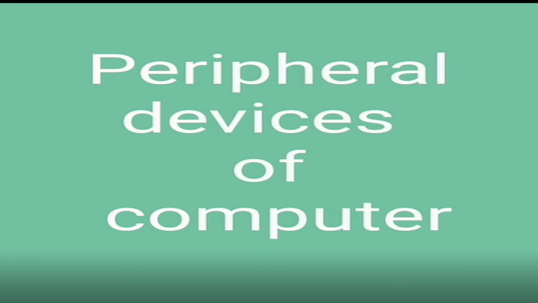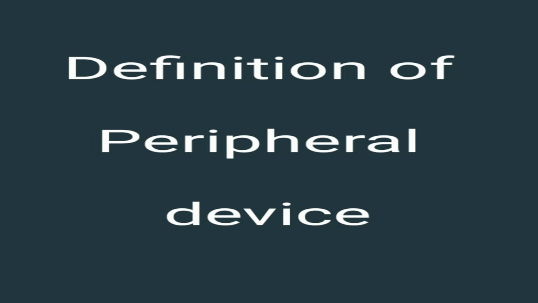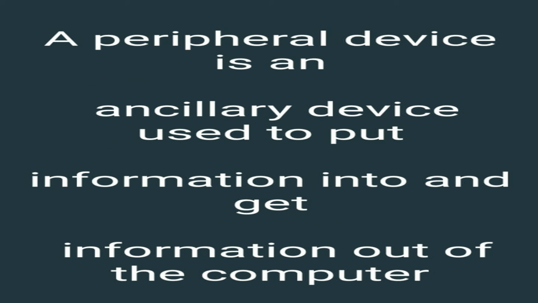Peripheral devices of computer. Before moving towards the peripheral devices, you should know what the peripheral devices are. Here is the definition of a peripheral device. A peripheral device is an ancillary device used to put information into and get information out of the computer.